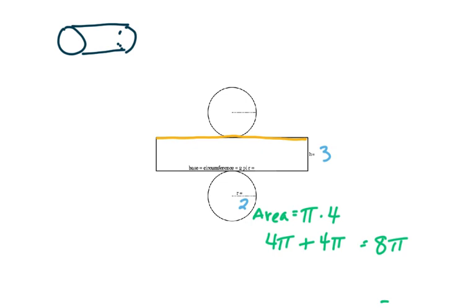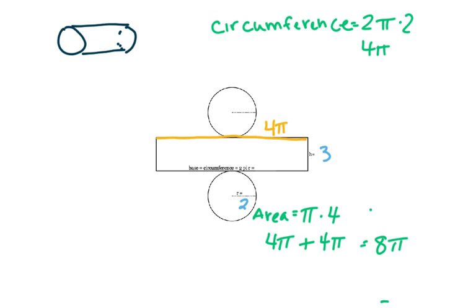And now we need to figure out the circumference. And that's going to be 2 times pi times 2. So also 4 pi. So my length is going to be 4 pi. And so that means the area of the rectangle is going to be 12 pi. And we're going to add that to our 8 pi.